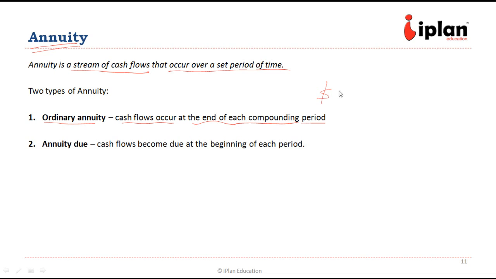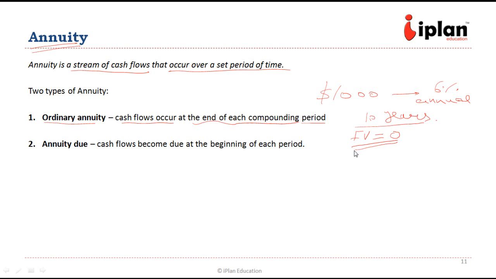For example, if we have invested say $1,000, the interest rate is 6% annual, and say we invest for 10 years. At the end of 10 years, we do not receive anything. Future value is 0.